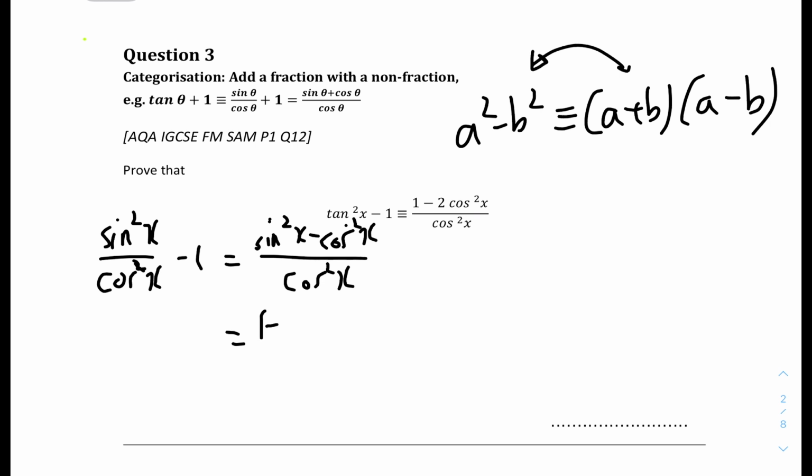So it'll be (1 minus cos squared x minus cos squared x) over cos squared x.